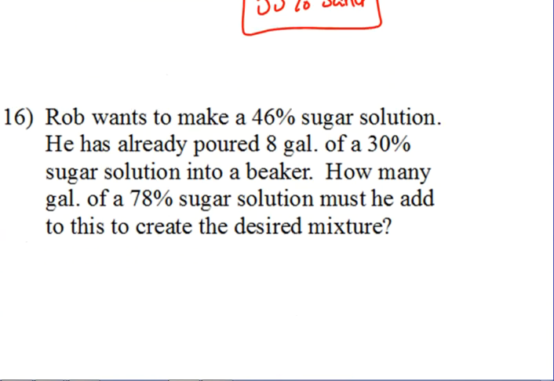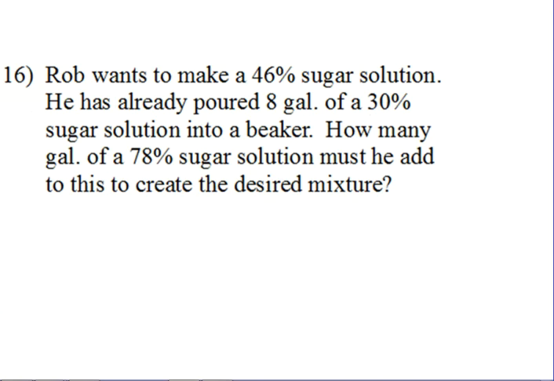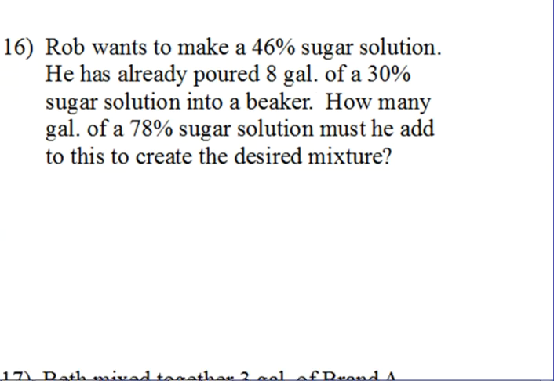Let's look at another twist on this. Rob wants to make a 46% sugar solution. So he wants it to end up being 46%. He has already poured 8 gallons of a 30% sugar solution into a beaker. How many gallons of a 78% sugar solution must he add to this to create the desired mixture? So we've got 8 gallons at 30%, so 8 times 0.3.